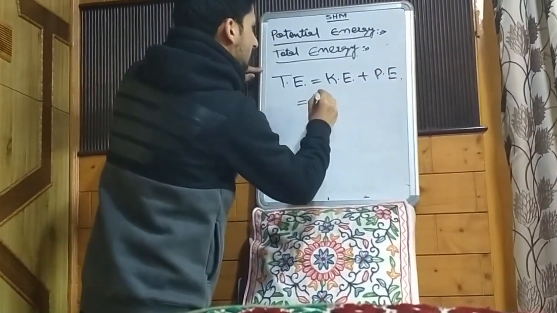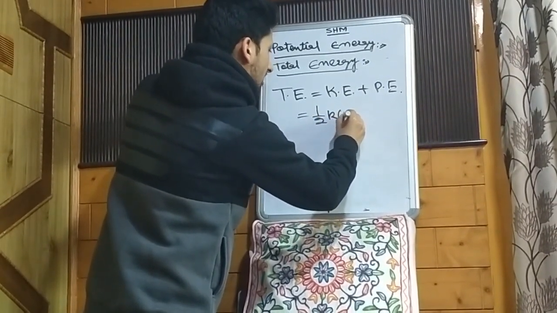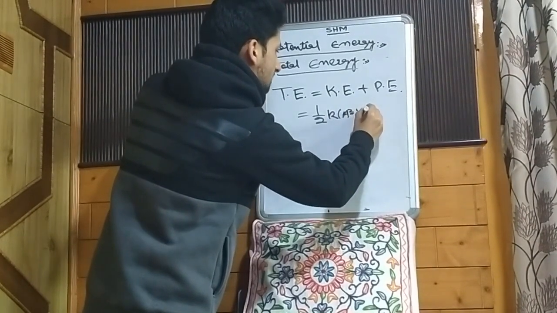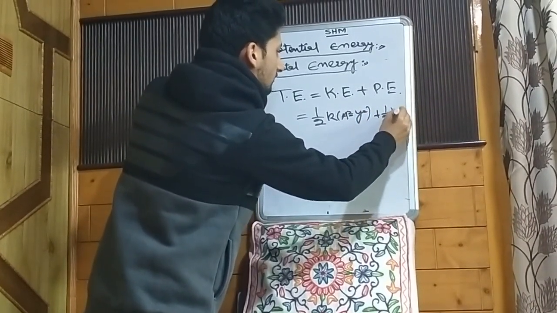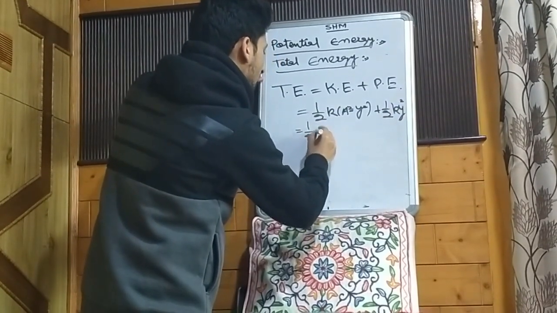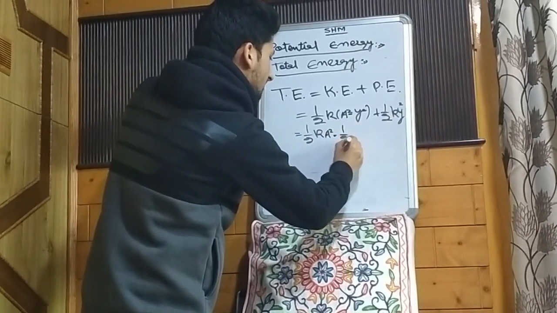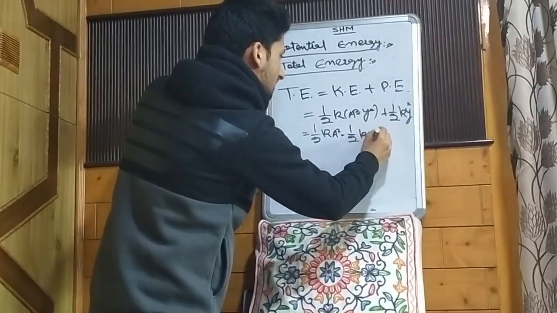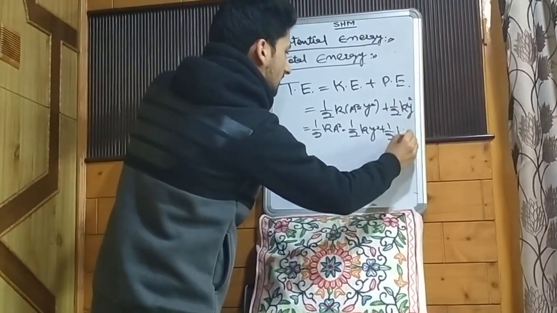So total energy will be equal to 1/2 of k times (a square minus y square) plus 1/2 of k y square. So this will be equal to 1/2 of k a square minus 1/2 of k y square plus 1/2 of k y square.